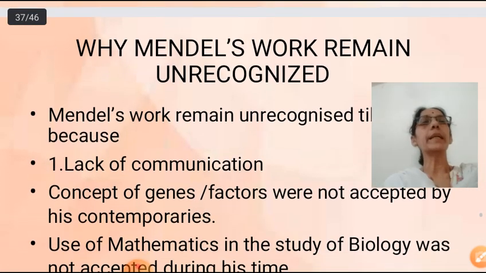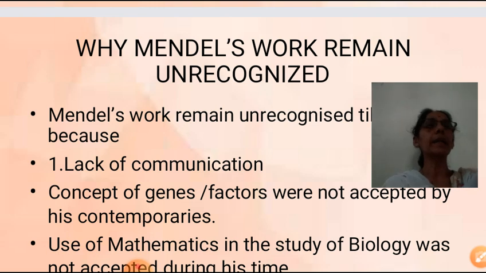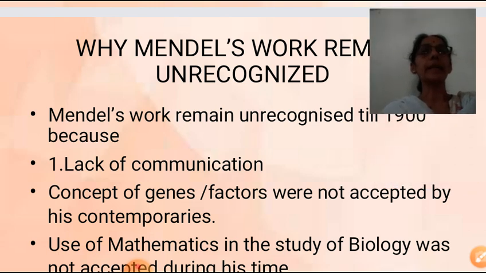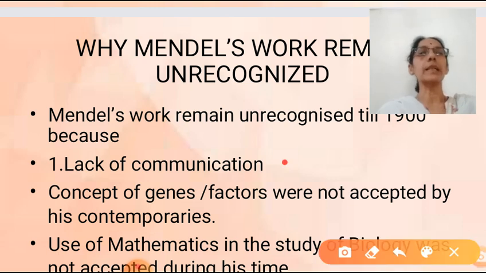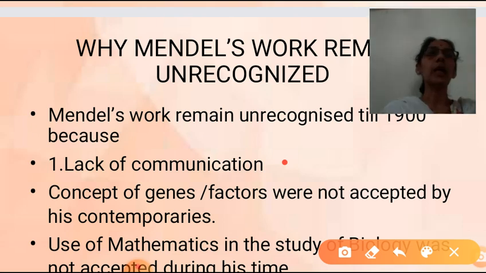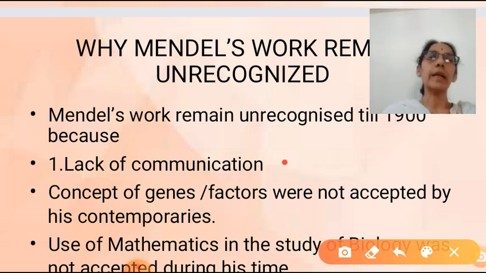Now why Mendel's work remained unrecognized till 1900? Because first reason is lack of communication. So now whatever happened in one part of the world, very next minute we can know, because communication is very fast. But during his time there was lack of communication. Second one, he used the word factor. Later on it is called as gene.